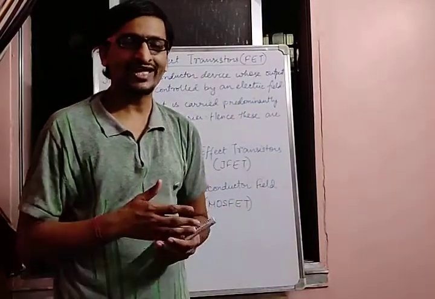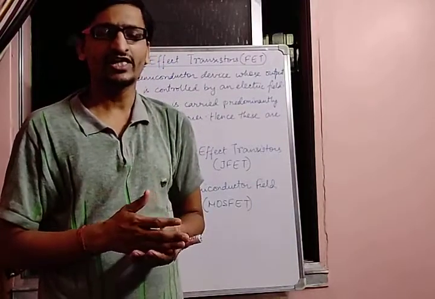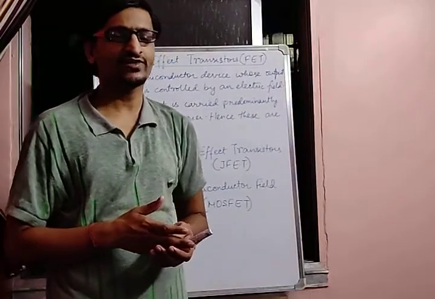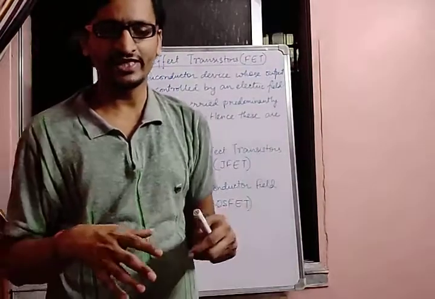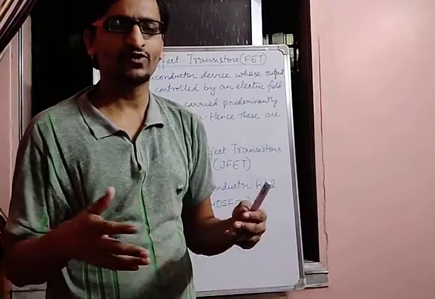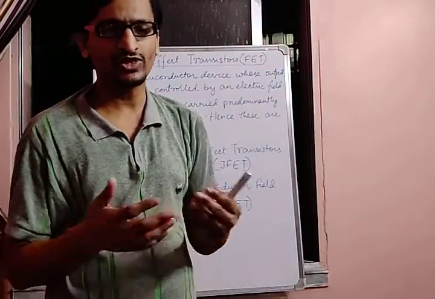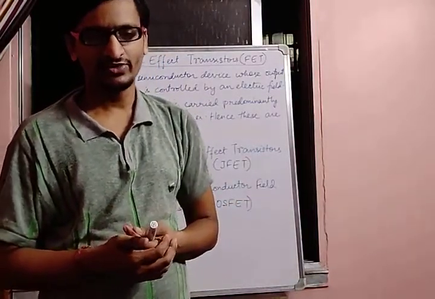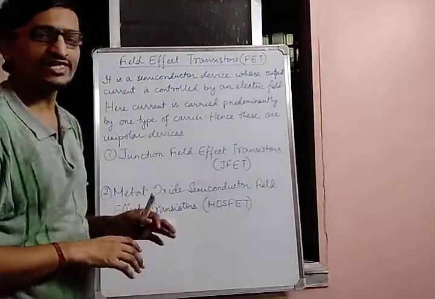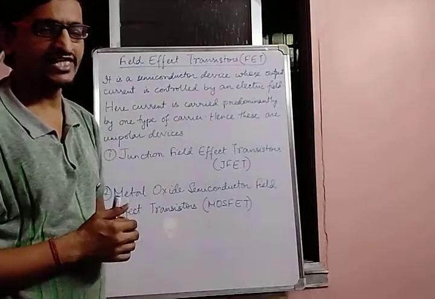On the other hand, in a BJT, both the majority carriers as well as minority carriers contribute towards the flow of the current, so those are bipolar devices.